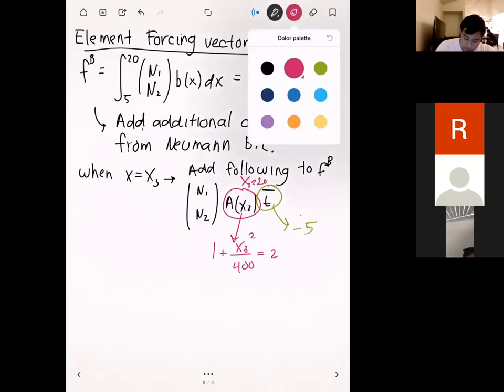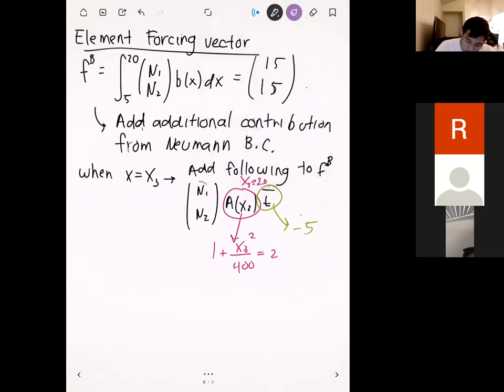All right. And so that's not the only thing. We have to evaluate these guys at the boundaries too. So we're going to evaluate N1 at X3, and the function for this is going to be X3 minus X3 all over X2 minus X3.